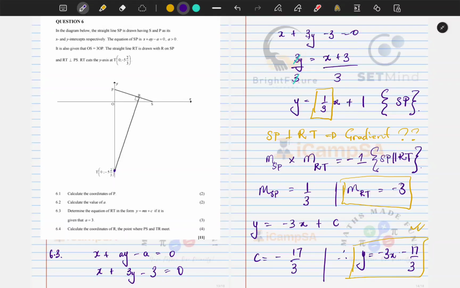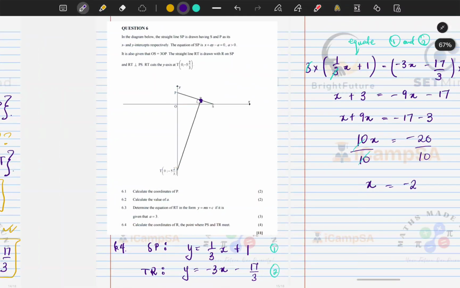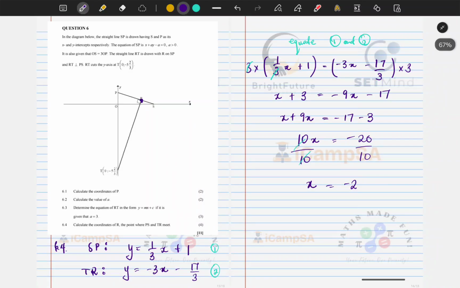Let me check here quickly. Okay, minus. So here we are getting x as negative, but we know that x is not supposed to be negative, right? We are not going to be penalized for having negative 2 as an answer here, unless we do specify that x at R should be positive.